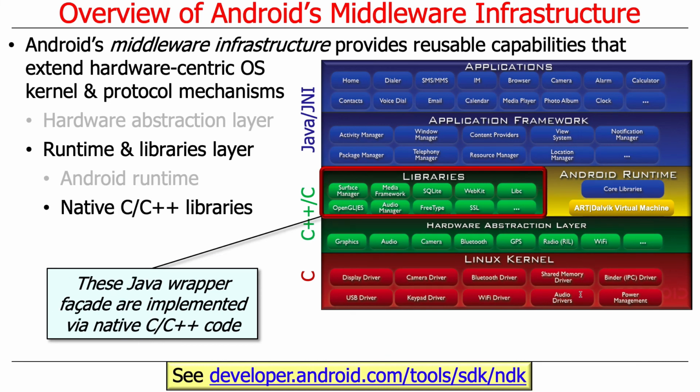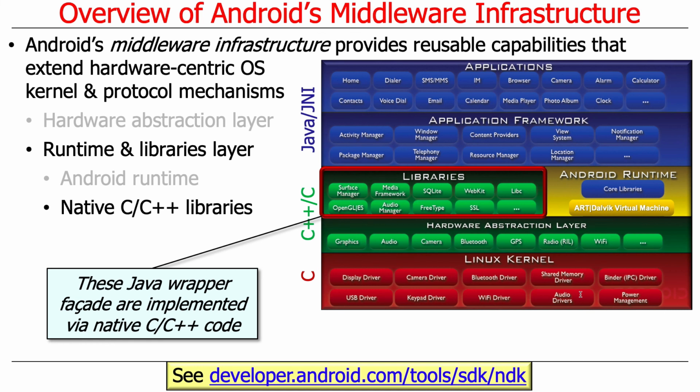There are also a bunch of native C and C++ libraries above and beyond what's in the core libraries that mostly are available in open source form, and you can get access to them in a variety of different ways. A lot of the application framework components provide you with Java wrappers for what's in the native libraries. And if you are so inclined or so crazy, you can actually write chunks of your application in C and C++ using something called the Native Development Kit, or the NDK.